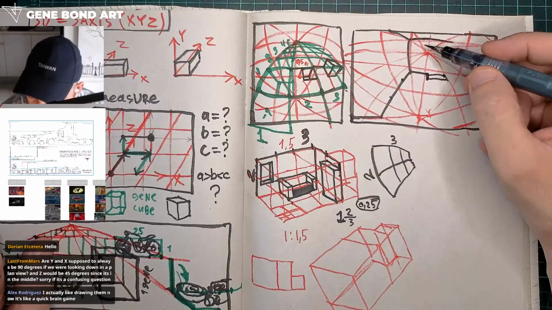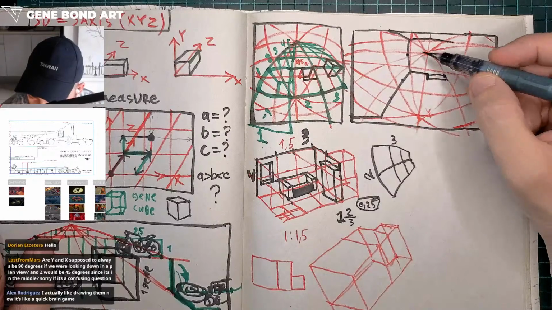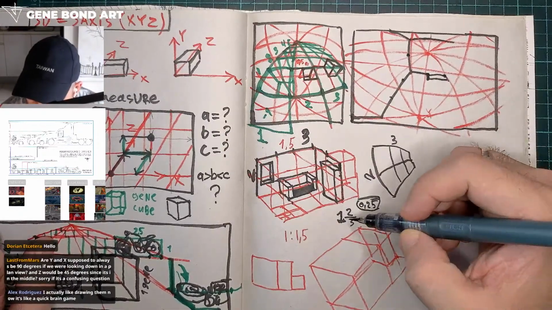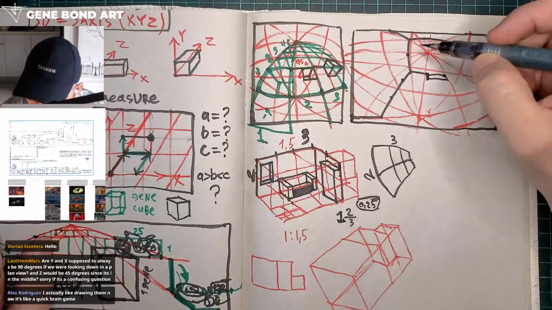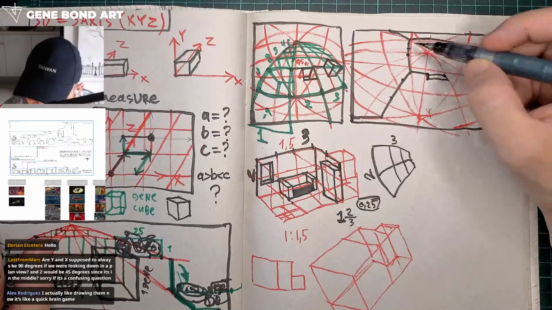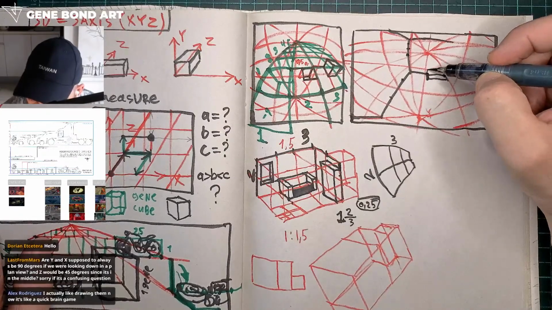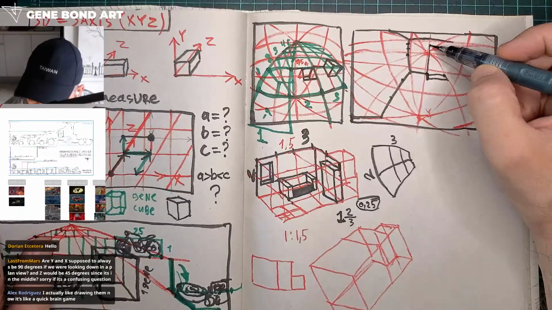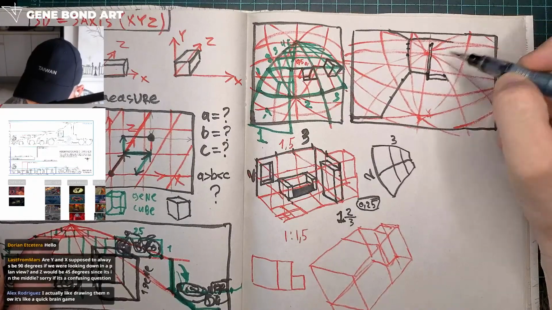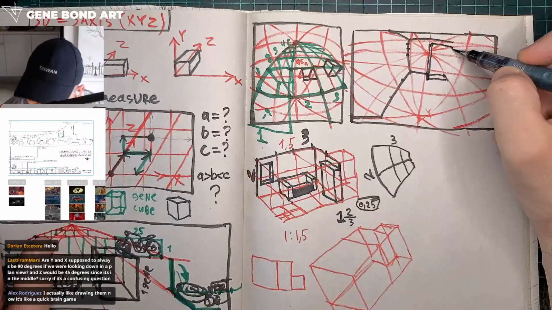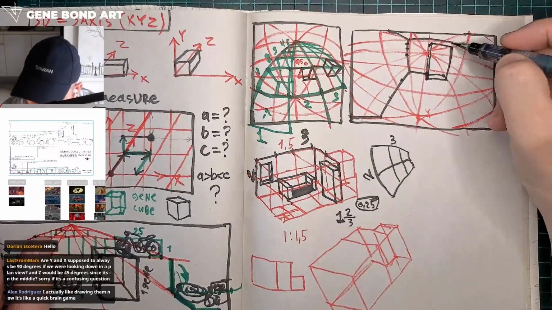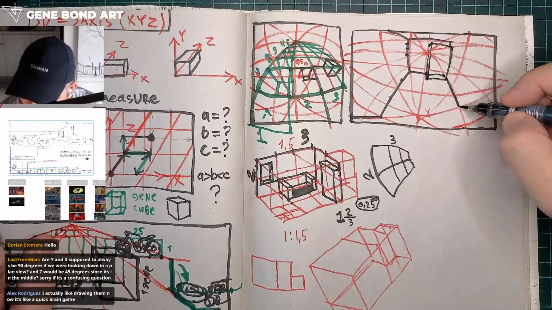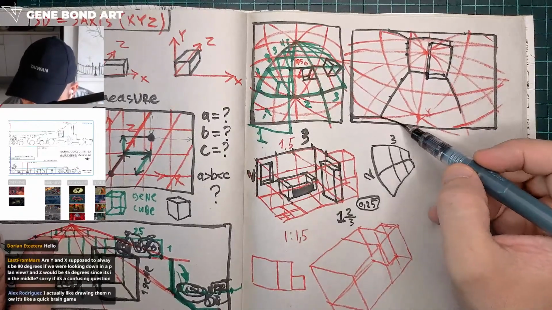Here we have 2 of height, and the bookshelf is 1 2/3. So I subdivided it in 3. So this is the height of the bookshelf, about here. It's the magic power of ratio.